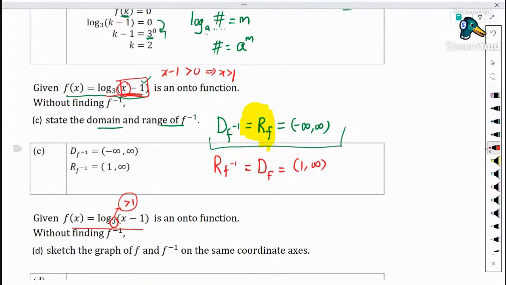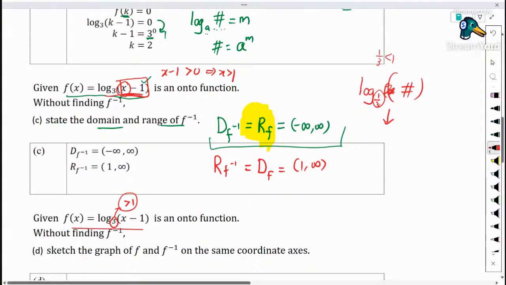So how do I change the base to become greater than 1? For example, let's say I have log to the base 1 over 3 of x, whatever is inside. To change it to a base greater than 1: 1 over 3 is smaller than 1. So what you do is take this, invert the numerator and denominator, so it becomes 3 over 1, which is 3.